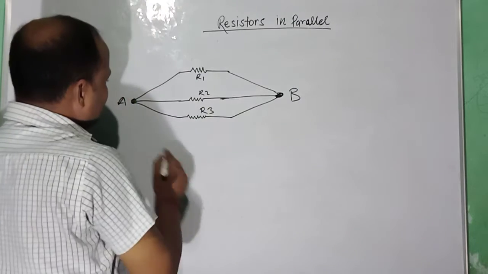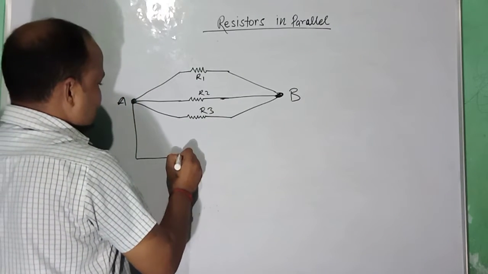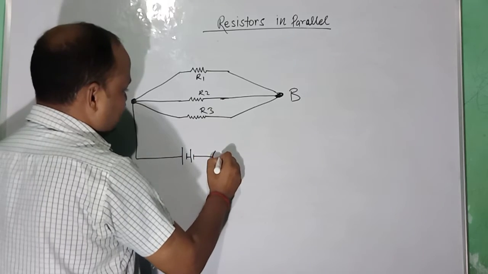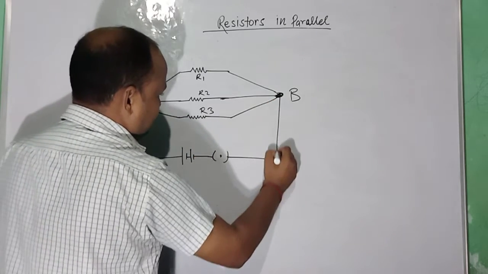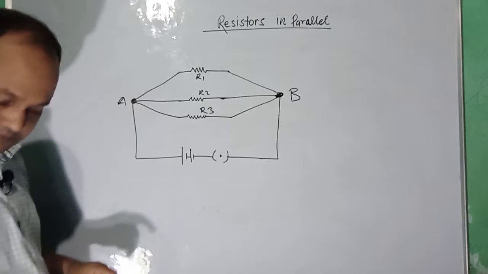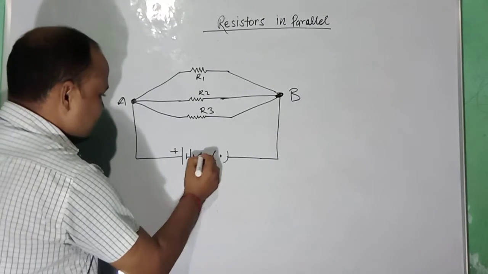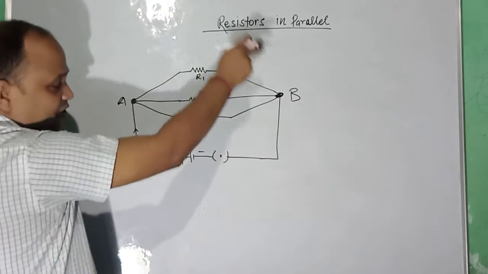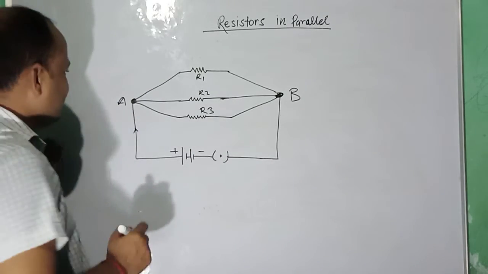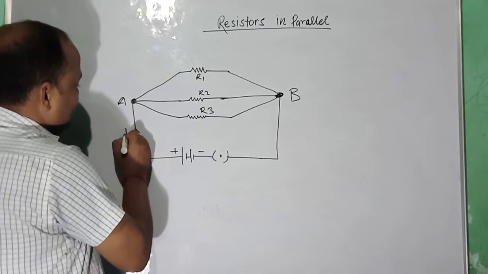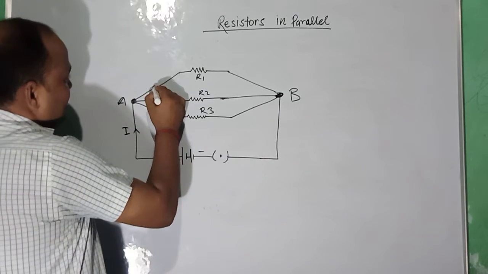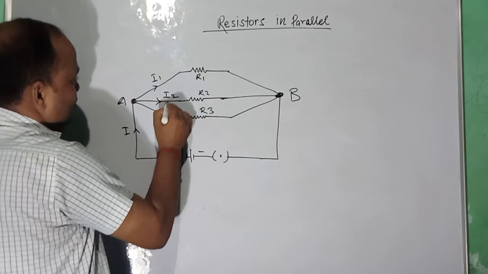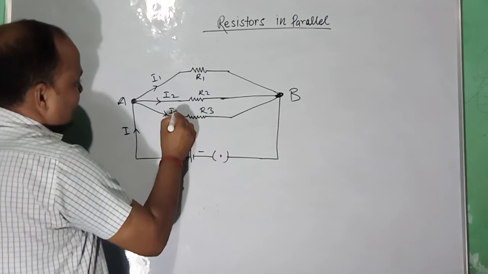In the parallel combination, now make a circuit with a battery. This is the positive terminal, this is the negative terminal. Current will flow from positive to negative. This is the conventional direction of the current. Now suppose this current is I. When it passes through these arms, it will be I1, I2 and I3.